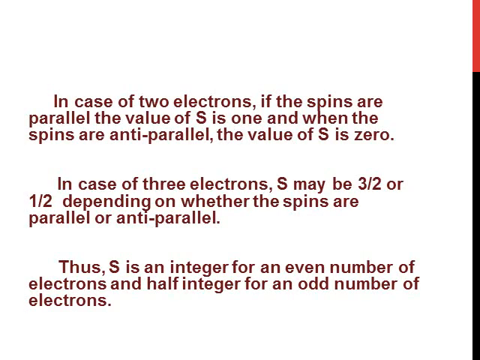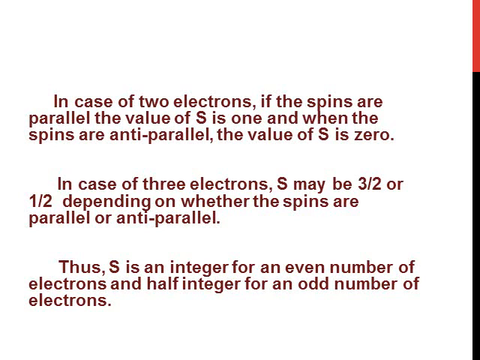In case of two electrons, if the spins are parallel, the value of S is 1, and when the spins are anti-parallel, the value of S is 0. The magnitude of spin angular momentum of an electron is always half. If parallel, the spin angular momentum is plus half; if anti-parallel, it is minus half.